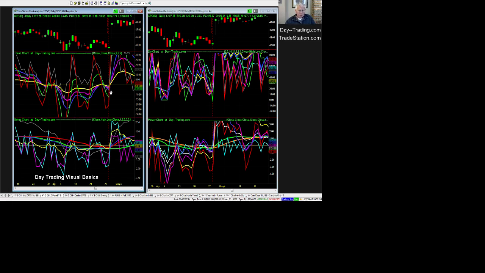Normally a triple bottom just says, hey, I'm going up, and it just bangs its way up for 6, 8, 10 days. But in this case, it really gapped way up right afterwards. So it's a combination of things.